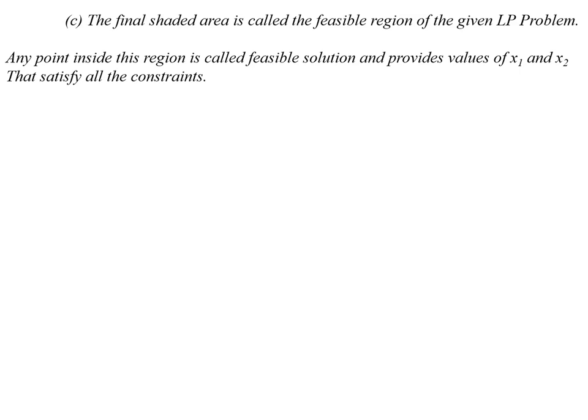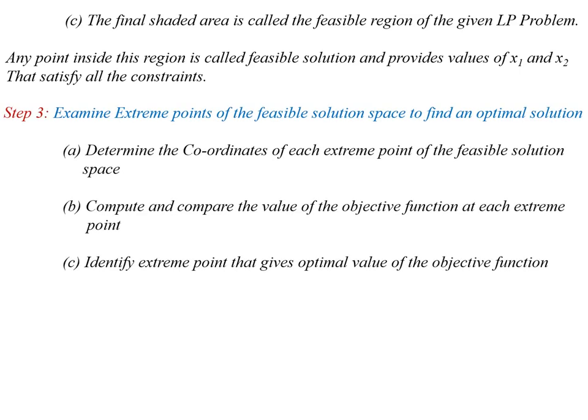The third step is to examine the extreme or corner points of the feasible solution space to find an optimal solution. For this, first we have to identify the coordinates of the corner points in the feasible solution.